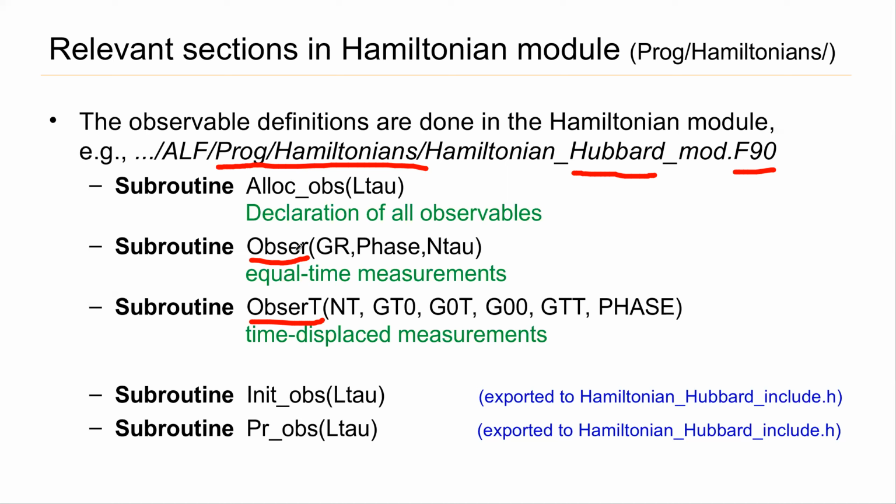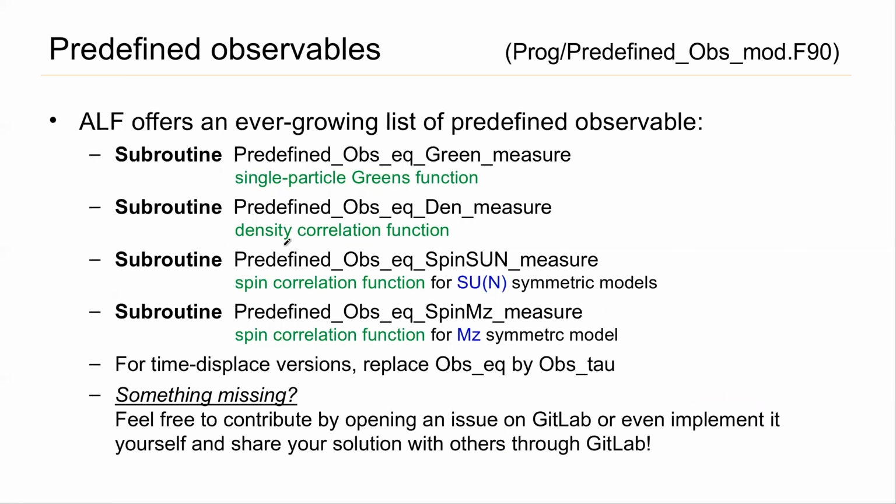Let me show you one more slide before we switch to the source code. This is about predefined observables that you can call within obser-t or obser. At this stage I'm mainly listing the names of those functions, and you can find the details in the source code predefined observables or also in the documentation.